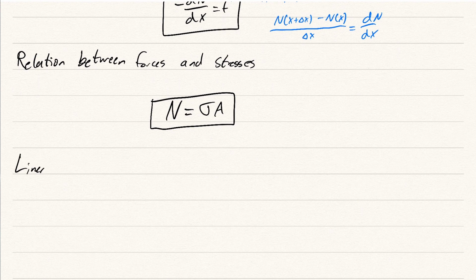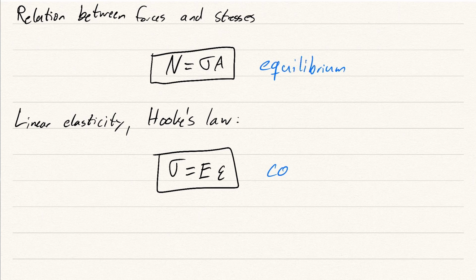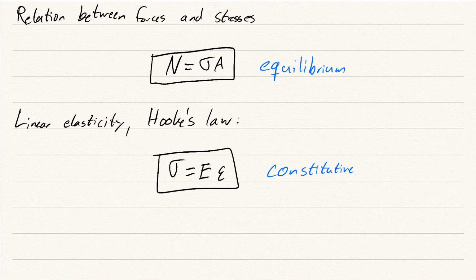So linear, and for that we have a model called Hooke's law, which gives us a constitutive relation, saying that the normal stress is equal to the Young's modulus times the strain. Alright, so this is equilibrium over here, and this is a constitutive relation. And these are relations. And we have another one.